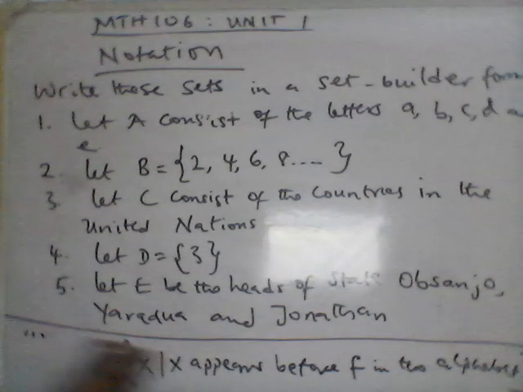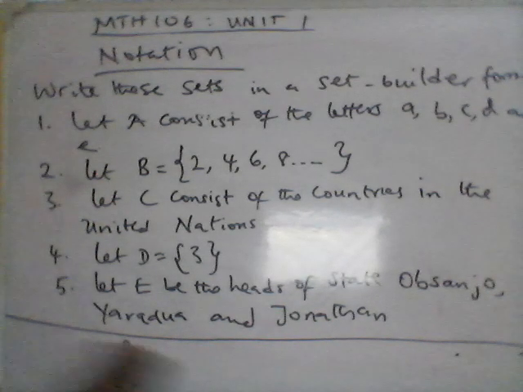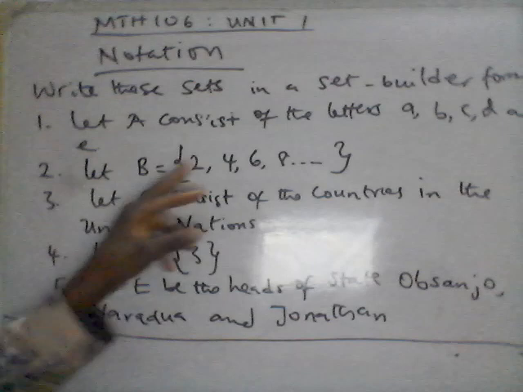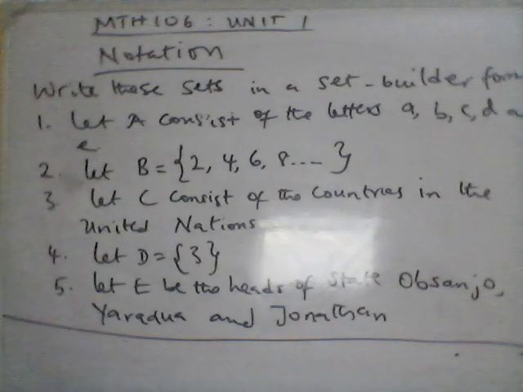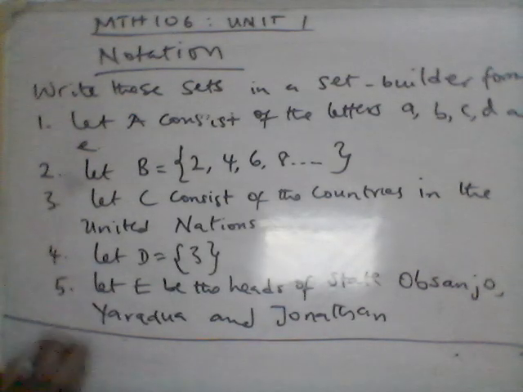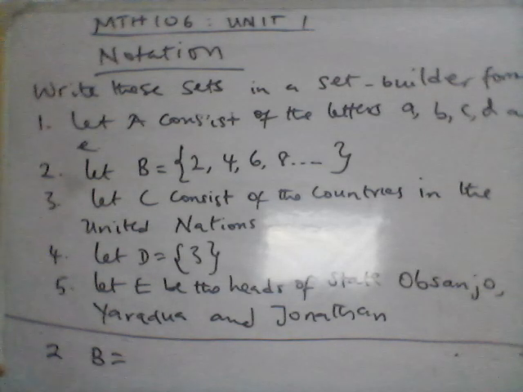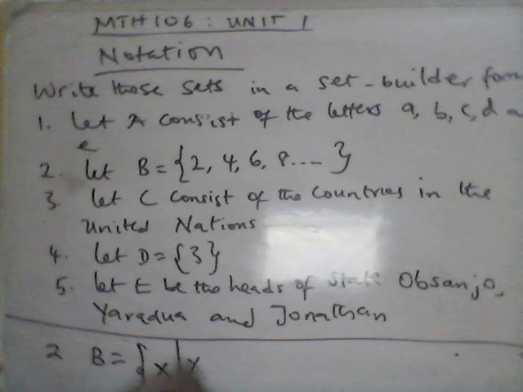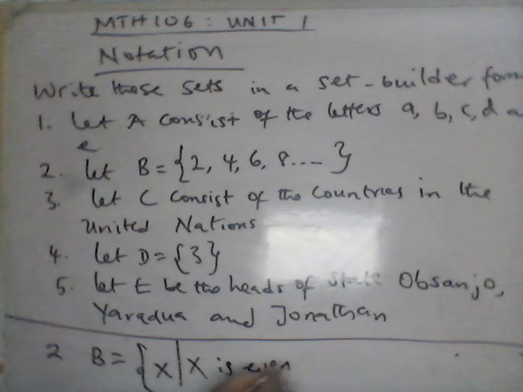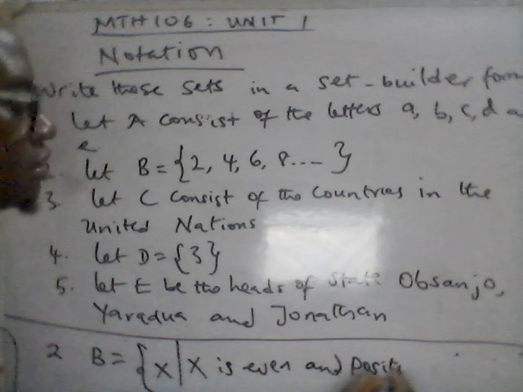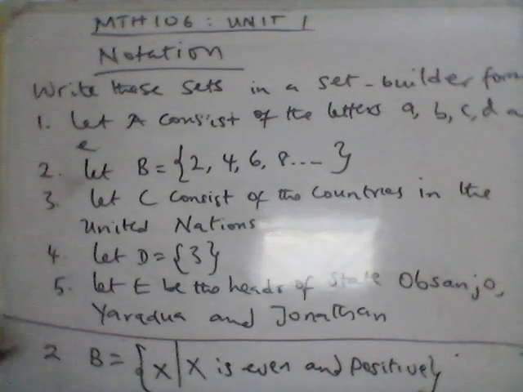So for number 2, it said let B be 2, 4, 6, 8, and so on. So I can come here generally and say B is equal to a set of elements X such that X is even and positive. You see, these words I'm using now describe everything here, because this is infinite.